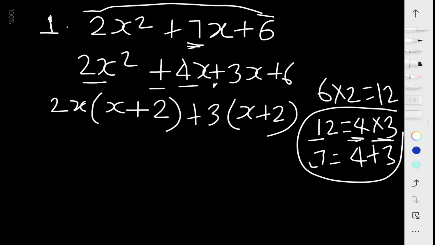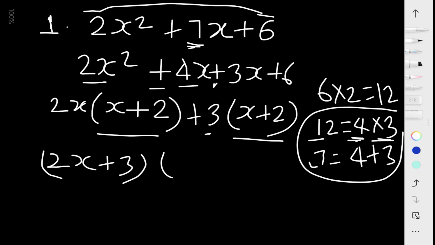Then you can see x plus 2 and x plus 2 are common. So the next one is 2x plus 3, and the common x plus 2. Here is the answer you got after the factorization.